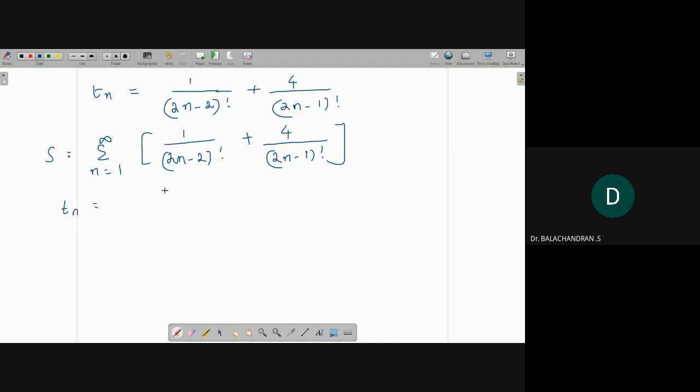Tn equal to what? 1 by 2n minus 2 factorial. Okay, I think I don't need first this one. So now I'm going to substitute n equal to 1. What is the T1? T1 is what?